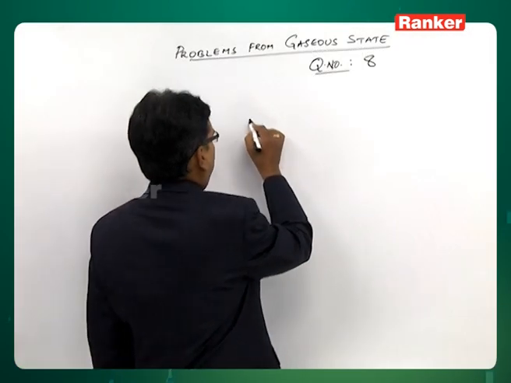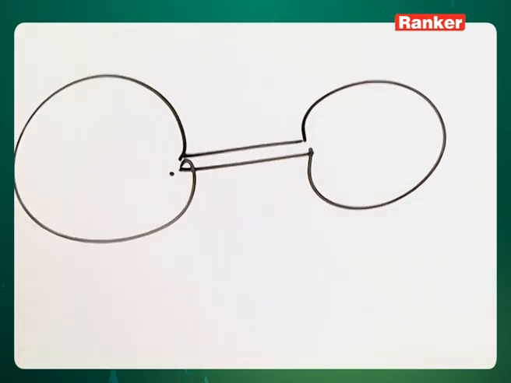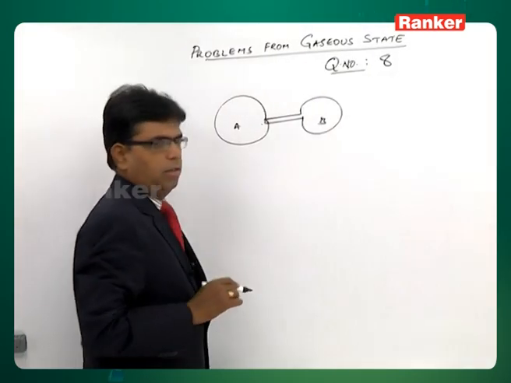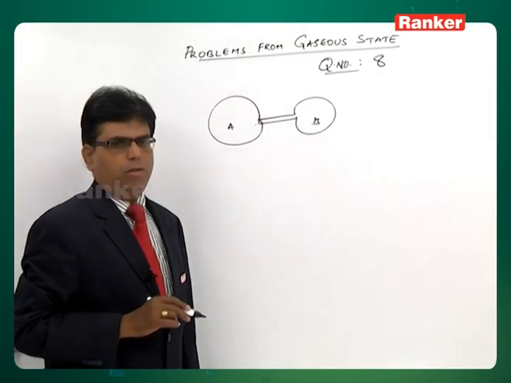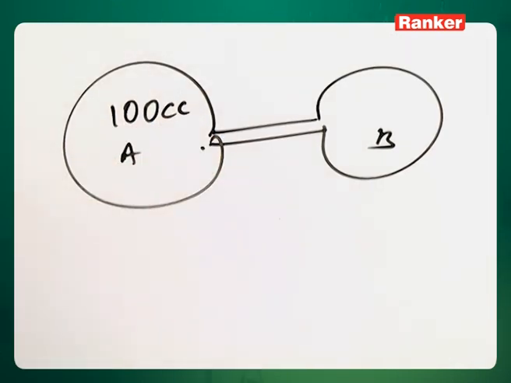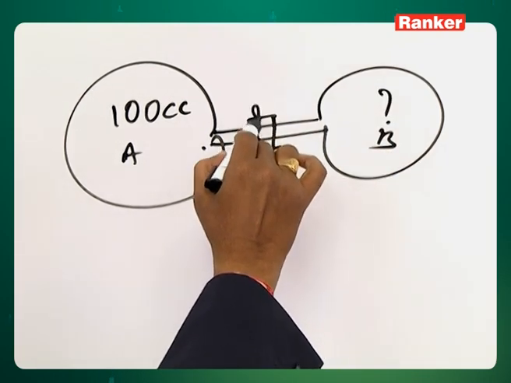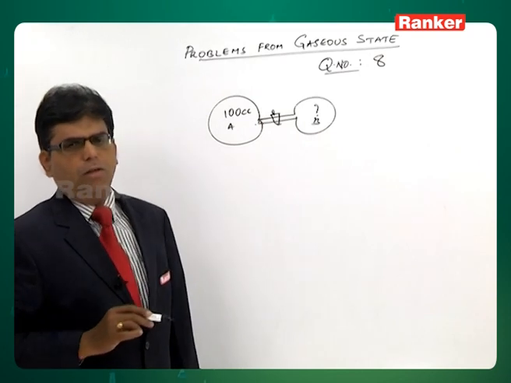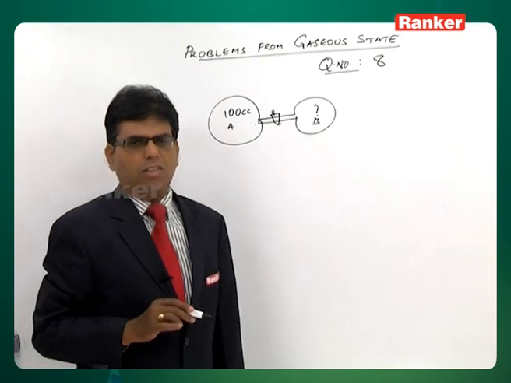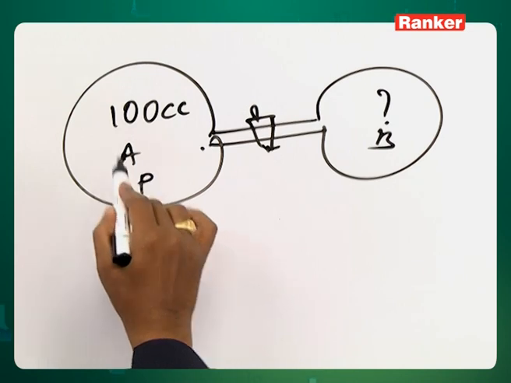Basically, here you have 2 glass tubes A and B. The volume of A is 100 cc. The volume of B is what we have to find out, and here you have a stopcock.